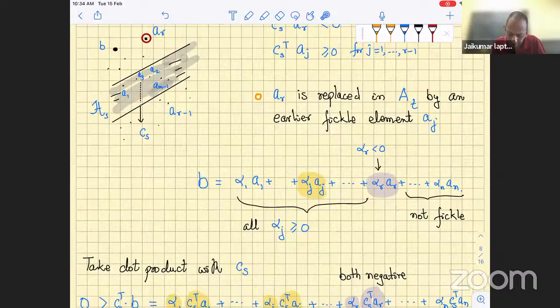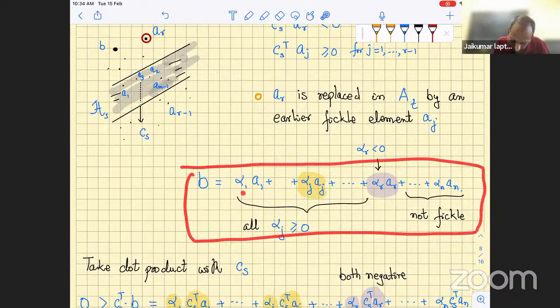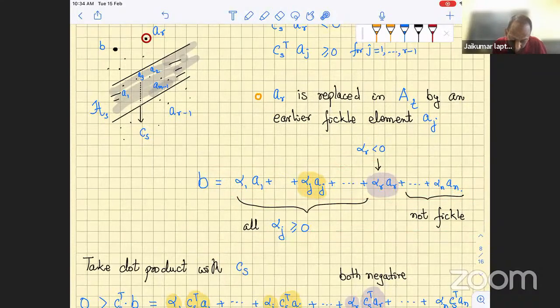When does somebody leave the basis? You write B at that moment as a linear combination of this. Again, don't pay too much attention to these indices. I've actually written all the A_i's. So we would have written B as a combination of only the current anchor points.